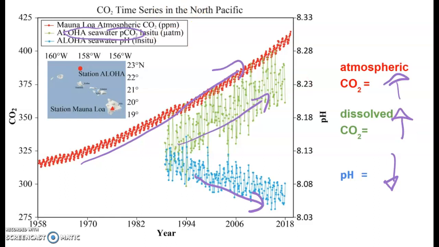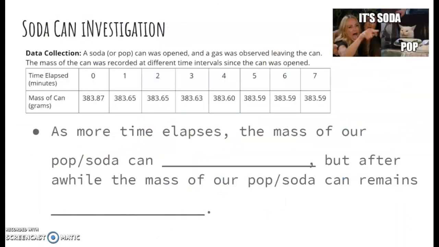So we took a look at, in lesson 8b, our Sodacan investigation, or POP, right? So POP Sodacan, whatever you prefer. So in this one, we took a look at this data here. So a pop can was opened, a gas was observed leaving. And as this gas was leaving, there were measurements taken at the 0-minute mark, 1-minute mark, 2-minute mark, and so forth.